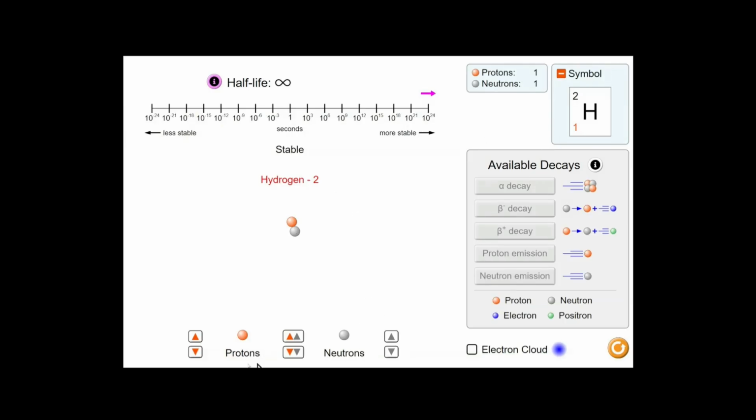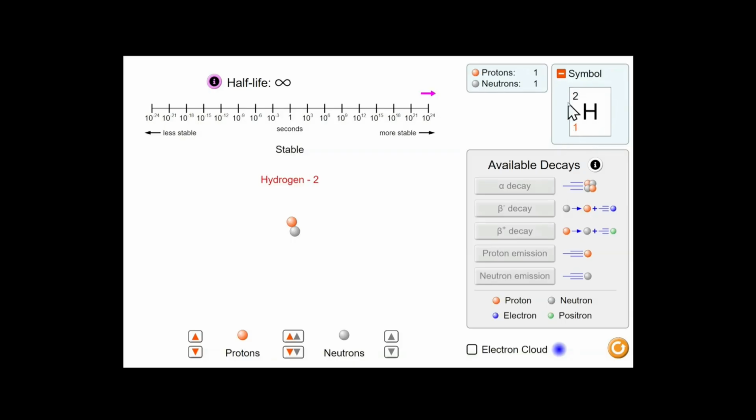By the way, if we remove that neutron, so it says hydrogen 1, this would be protium if you're interested in the proper word for it, but we can call it hydrogen 1 for now. So here we have hydrogen 2, deuterium, 1 proton, 1 neutron. So there is 1 proton. All hydrogens have 1 proton by definition. 1 neutron.